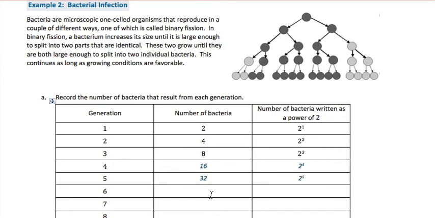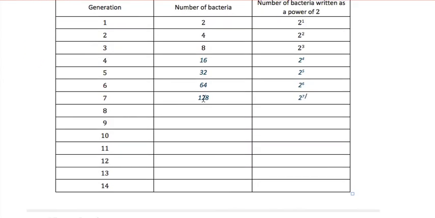On the sixth split, we'll have 64, which is 2 to the 6th power, seventh split will have 128, which is 2 to the 7th power. Eighth will have 256, which is 2 to the 8th power.